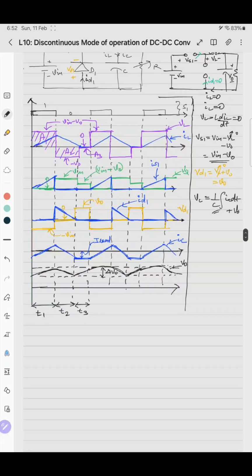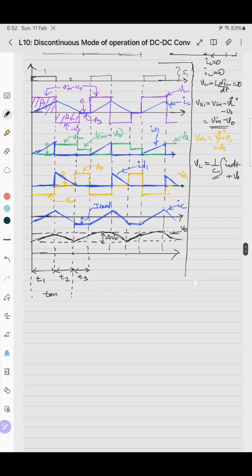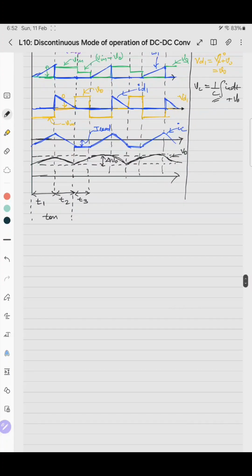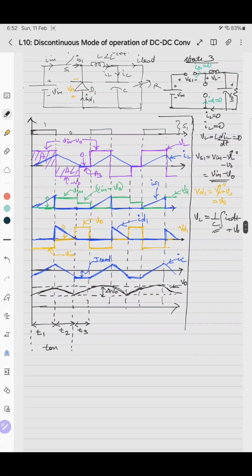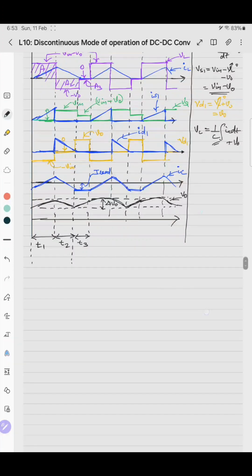Now, actually T1 plus T2 was supposed to be our T on. Let me verify it. Yeah, T1 plus T2, I'm sorry, T1 is T on. So T1 is T on.